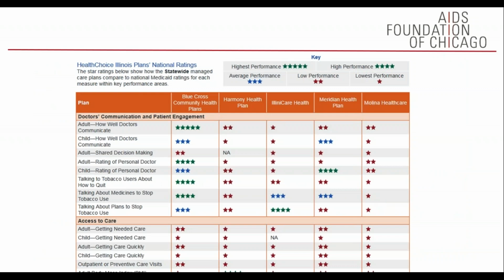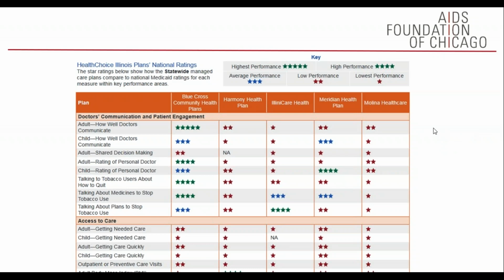Thank you. You'll also see when you look at the more full version of the report card online that there will be a section that shows the performance measures or metrics that went into populating each category. So again, when I say category, the example here is doctors' communication and patient engagement.